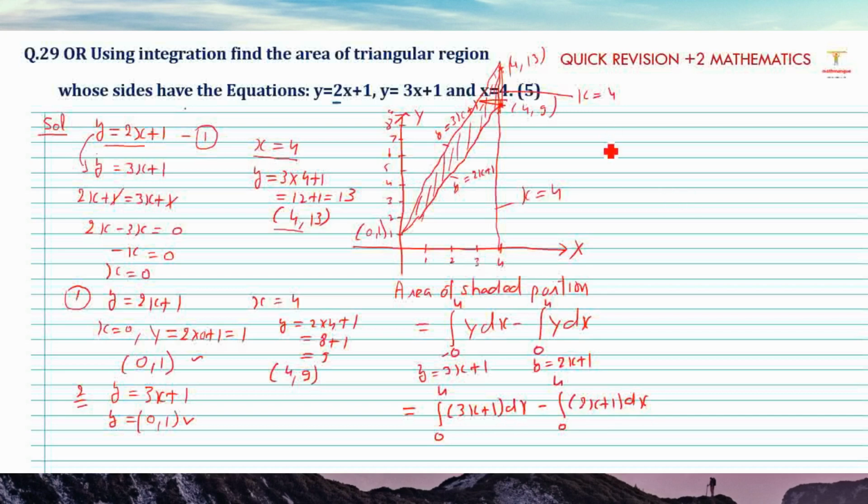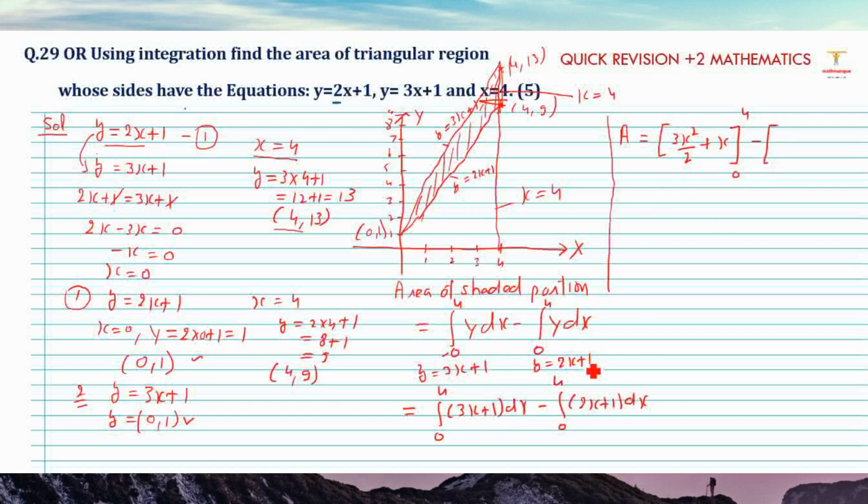So let us now go through further here. Now the required area which we get through integration, and I do believe that integration is clear to you. This is 3. Integration of x is x square upon 2. Then we have plus here the integration of 1, which is x, limit 0 to 4, minus.